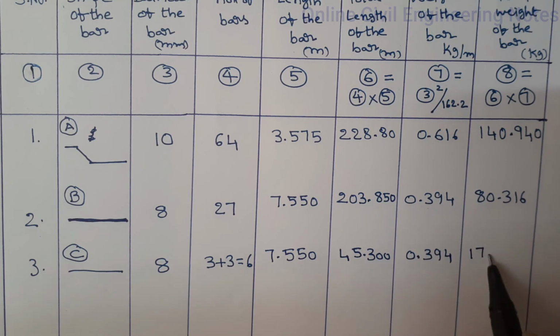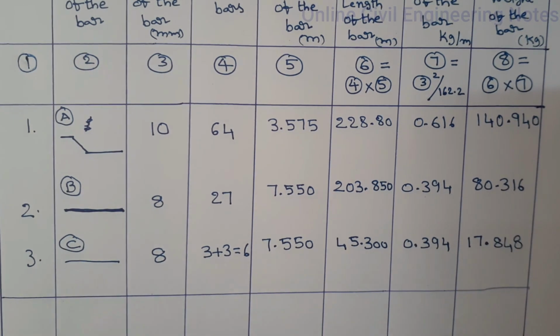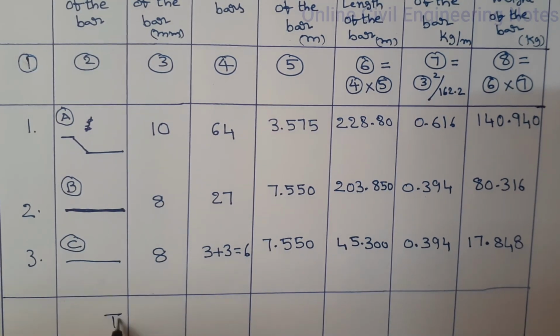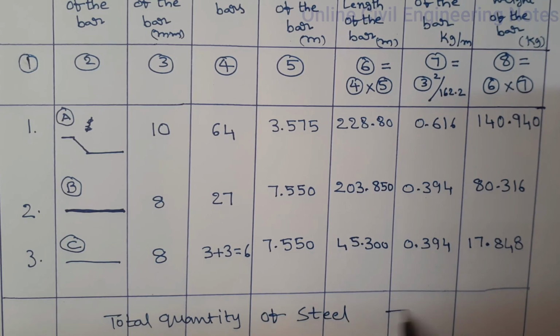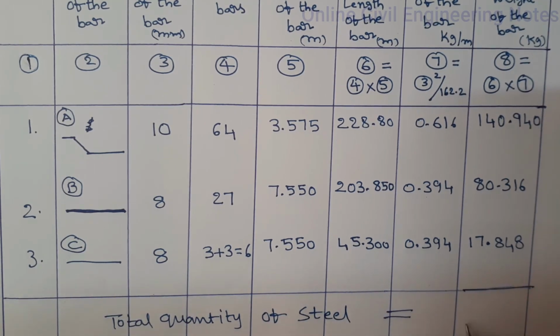Total weight is equal to 17.848 kg. Therefore, total quantity of steel is equal to 239.104 kgs.